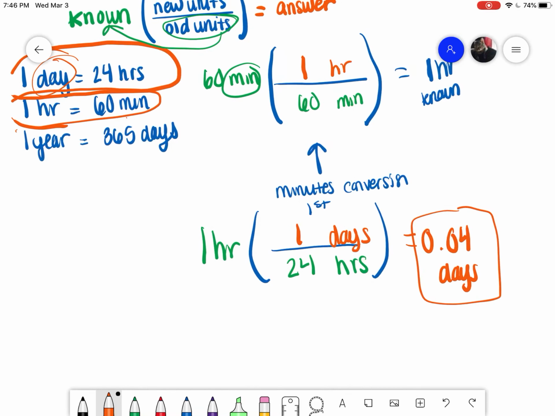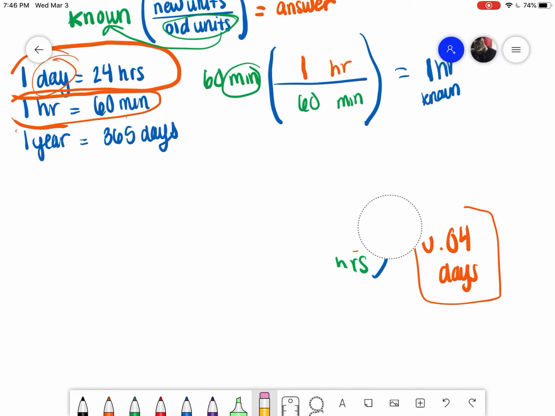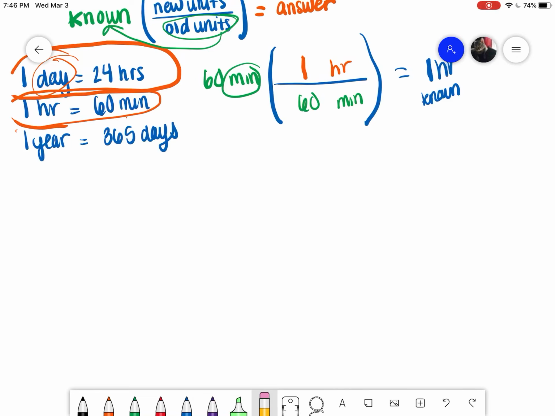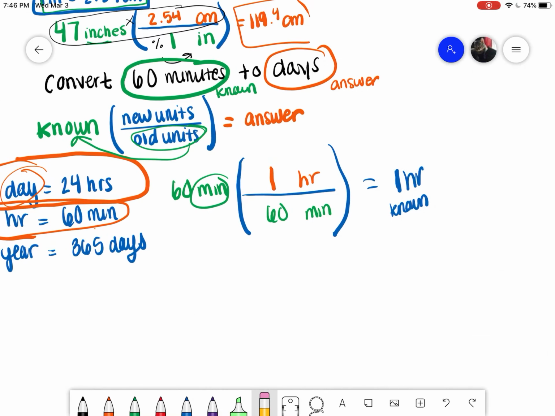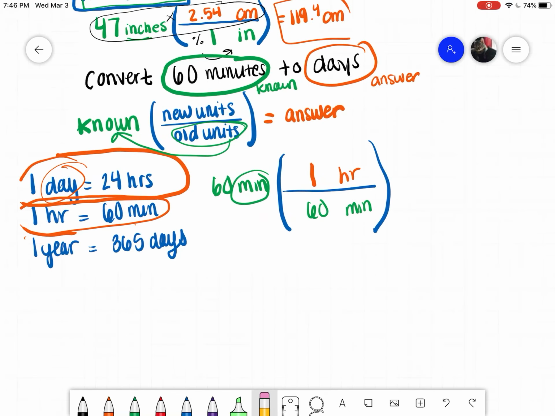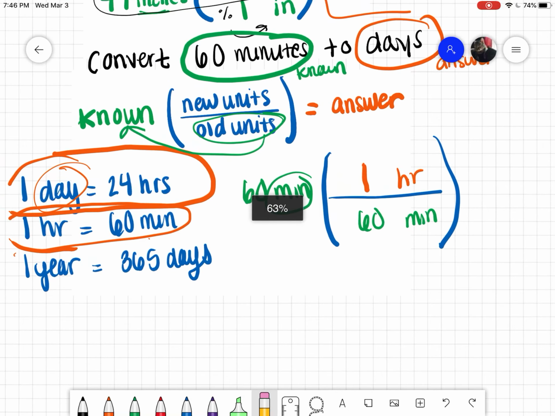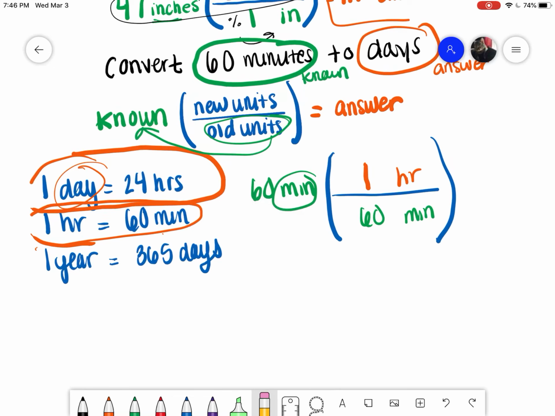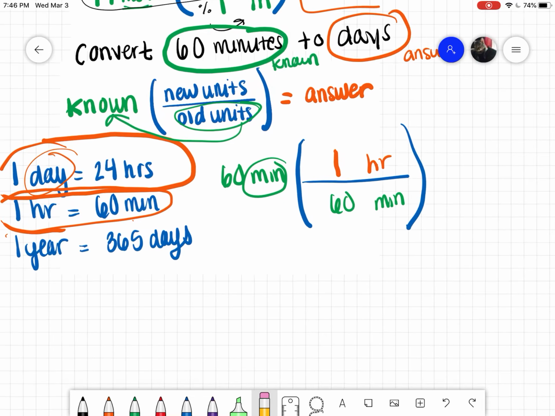You do your minutes conversion first, find your answer, and then your hours conversion second, and then find your final answer. But there is another more efficient way that we can actually solve this question. So after we use our minutes conversion to get it into hours, we can go directly to using our hours conversion, right?